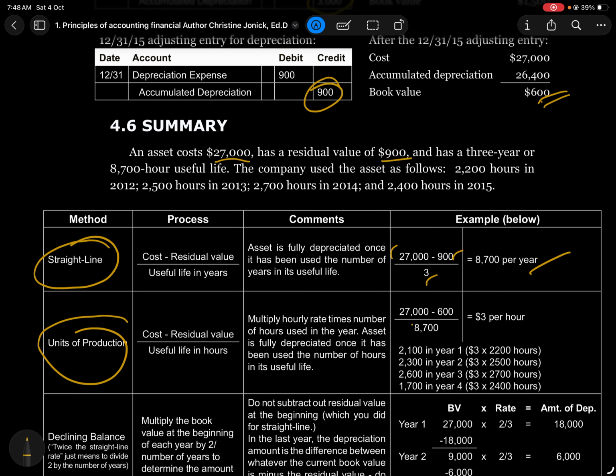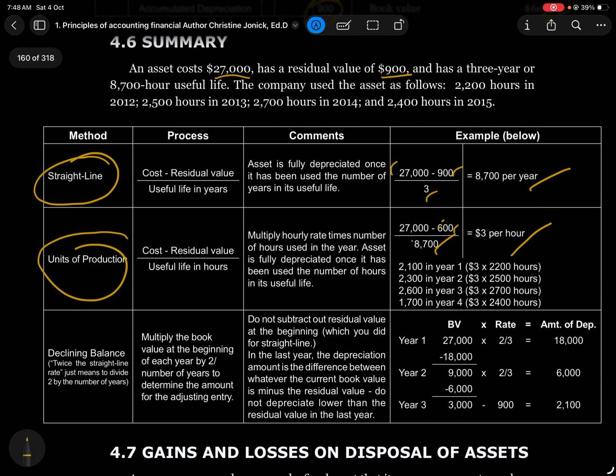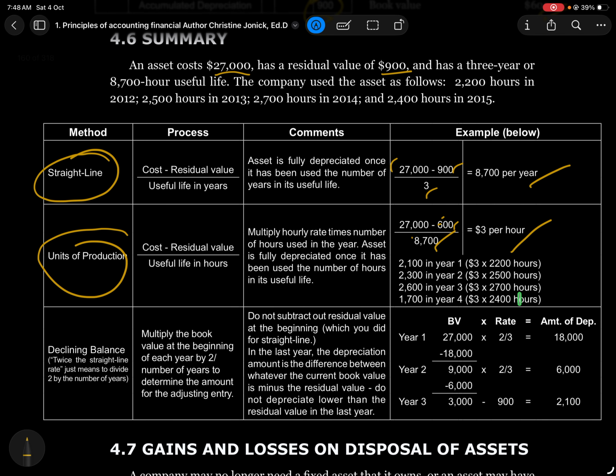And 600 is the residual value that they have considered, and 8,700, it would be 3. It could be 900. There might be a typo in this, but just remember the method. Okay, so it's $3 per hour, right? In the declining method, what happens? We are given 27,000, the rate amount of depreciation. Next year on, we do 6,000, right? In another year, it would be 2,100, right? In the final year.